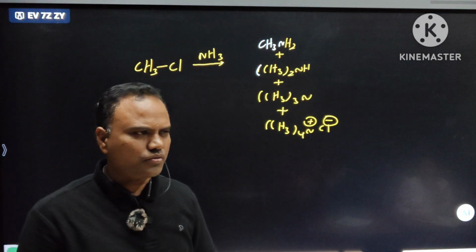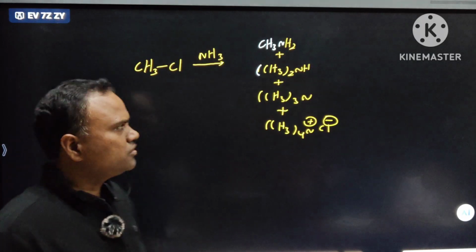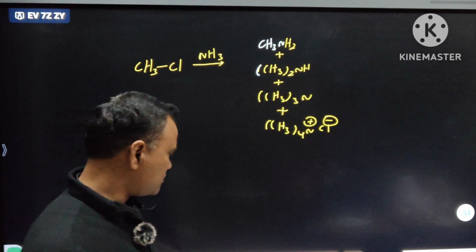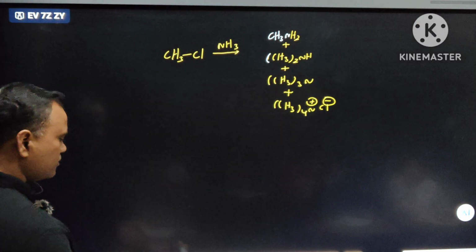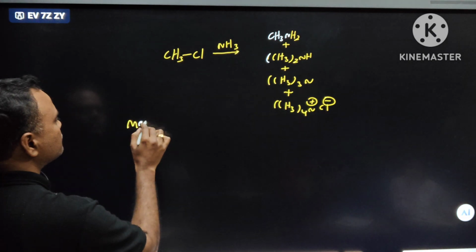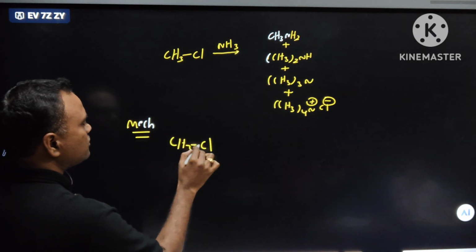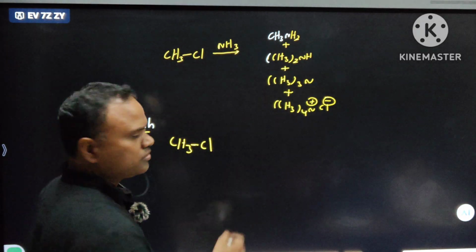Generally, you need not learn the mechanism either. We will get a question like: in which of the following are all types of amines formed, produced. But for understanding or to remember, we can discuss the mechanism. The mechanism is also very easy. See the mechanism. CH3Cl. How can we write ammonia?